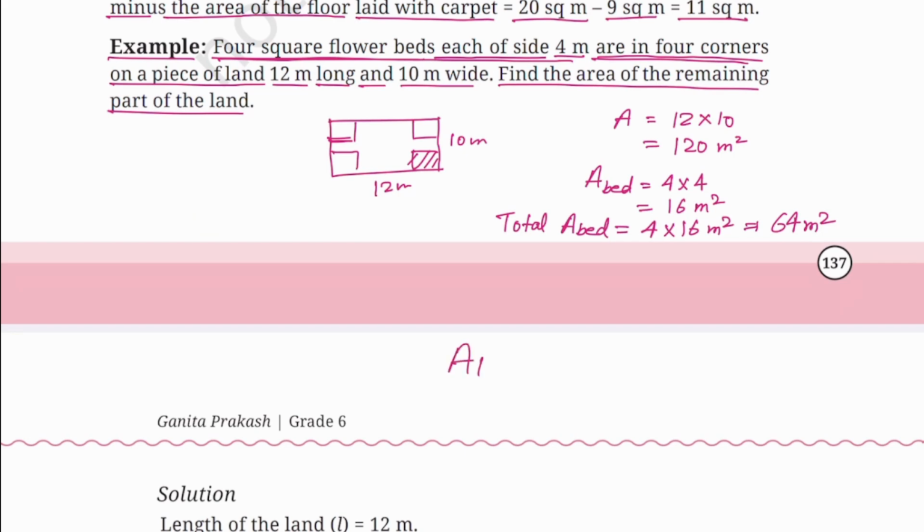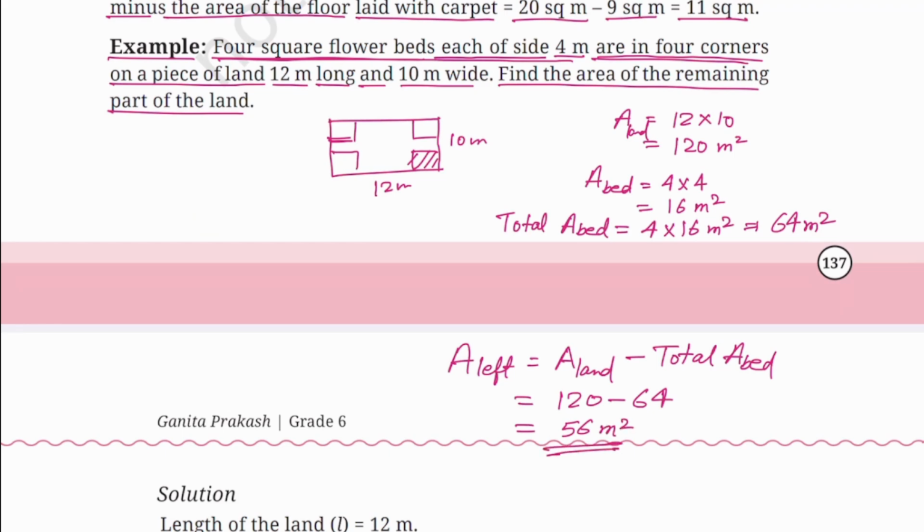So area left will be area of land minus total area of flower bed, that is 120 minus 64 square meter, that is 56 square meter. The answer is 56 square meter.